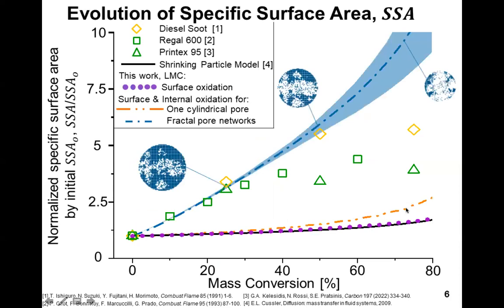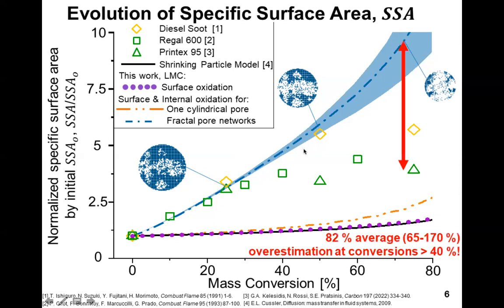In contrast, oxidation of particles containing fractal pore networks enhances the specific surface area up to a factor of 10. This model for internal and surface oxidation is in excellent agreement with the data for conversions smaller than 50%. However, it overestimates the measured specific surface area by 82% on average at large conversions.